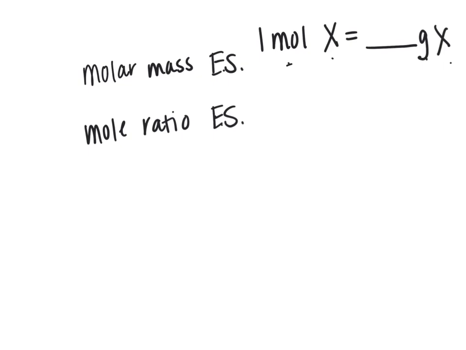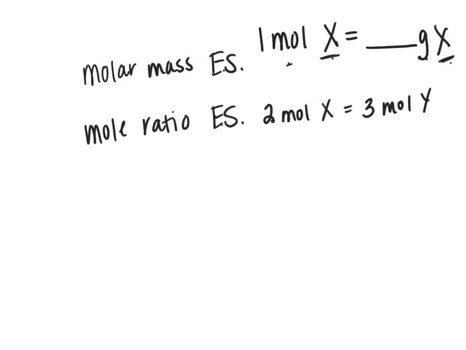So this is going to be comparing the moles of different substances. Notice that in the molar mass statement, you're having the same substance. The mole ratio is of different substances, and the only way we can compare different substances is by having a balanced chemical equation. So an example would be 2 moles of X is equal to 3 moles of substance Y.